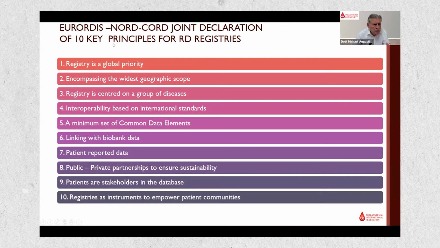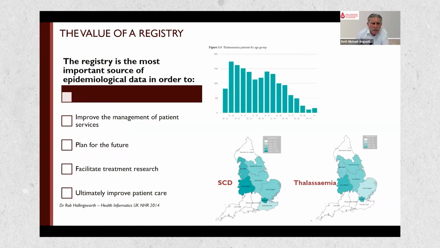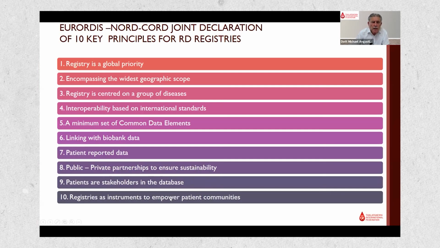I'm not going to give you a detailed description of this list of these 10 key principles. It's just to show you that in the European Union, at least, there has been, if you like, a lot of thinking behind registries. And I only wanted to point out the last two, 9 and 10.